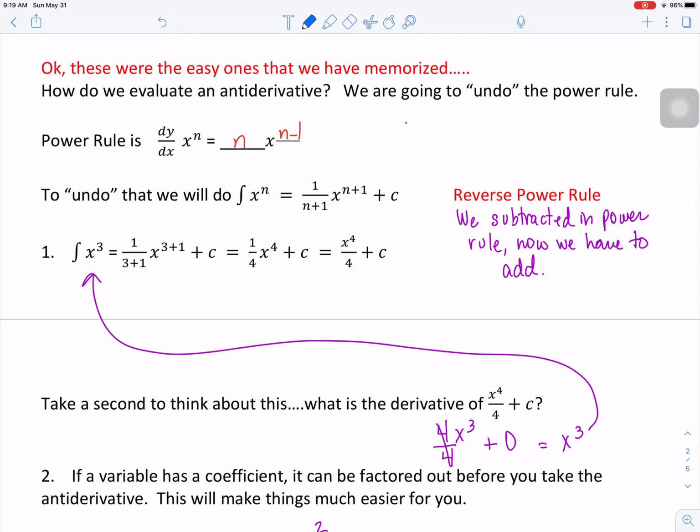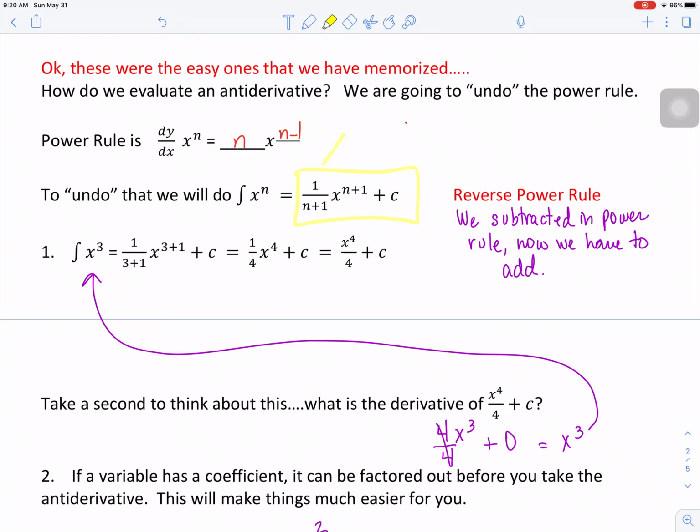To undo this, this is the formula we're going to use: 1 over n plus 1 times x to the n plus 1 plus the constant. You subtracted in the power rule, so now you add.